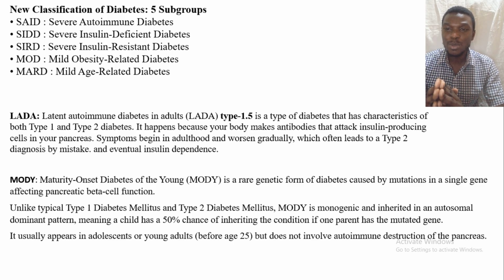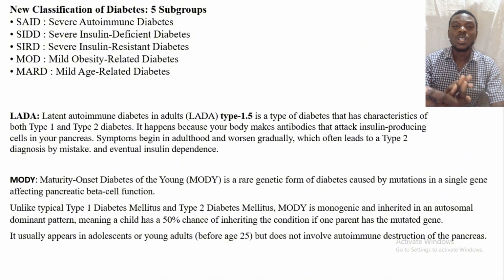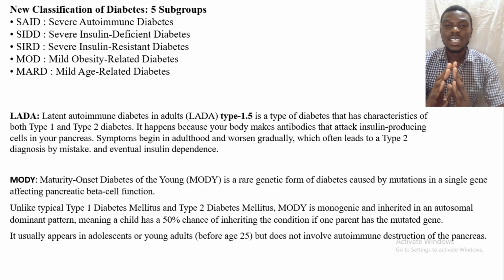So unlike typical type 1 diabetes and type 2 diabetes, MODY is monogenic and inherited in an autosomal dominant pattern, meaning a child has a 50% chance of inheriting the condition if one parent has the mutated gene. So this one is genetic mutation. So the beta cells have not been designed genetically to produce enough insulin.